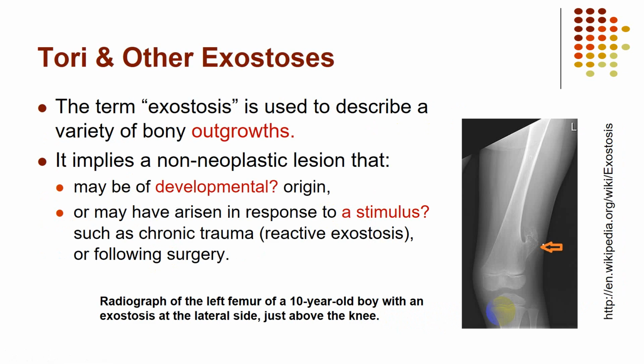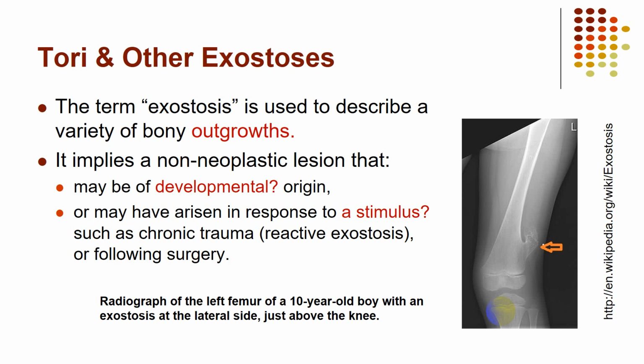The part before the last in this lecture is exostoses, and we talked about them in detail in the developmental changes. They are outgrowths, they are developmental, but they can also be responding to stimulus.